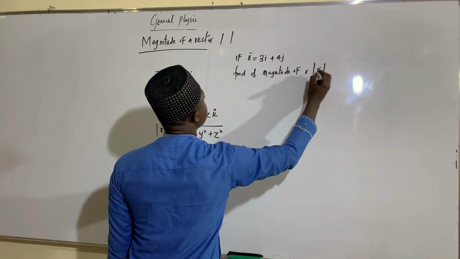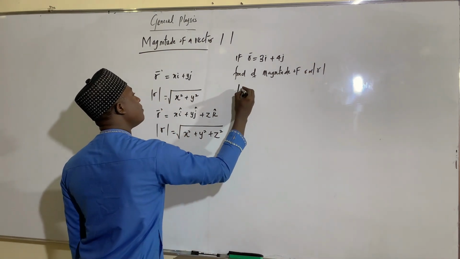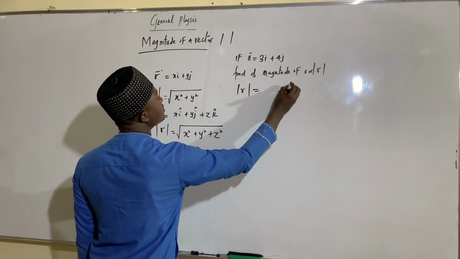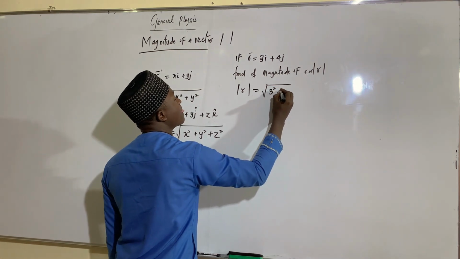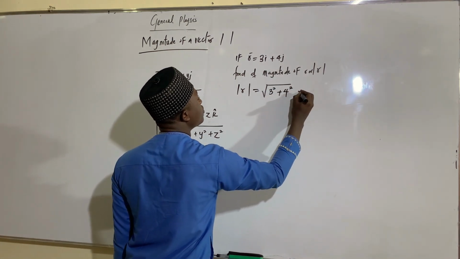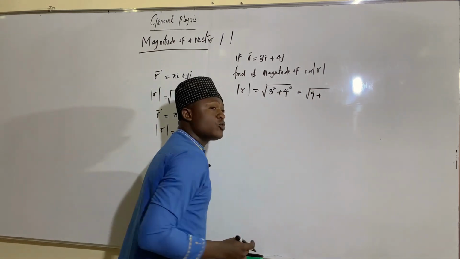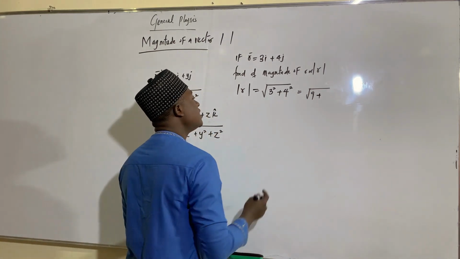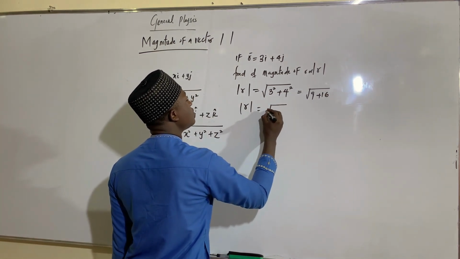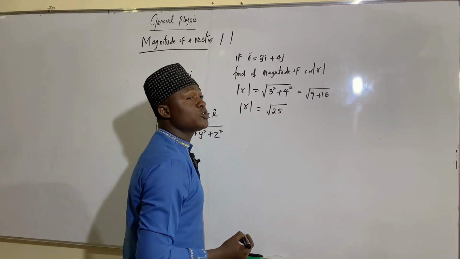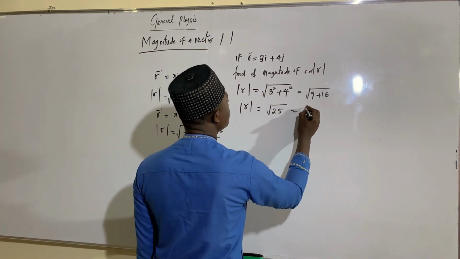Or they can put it in another way. The magnitude of r here is the square root of, the coefficient of i is 3, so 3 squared, then the second one is 4, so 4 squared. 3 squared means 3 times 3, that's 9. Then 4 times 4 is 16. Then I have the square root of 25. The square root of 25 is equal to 5.